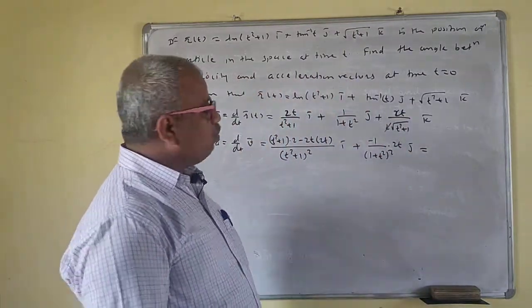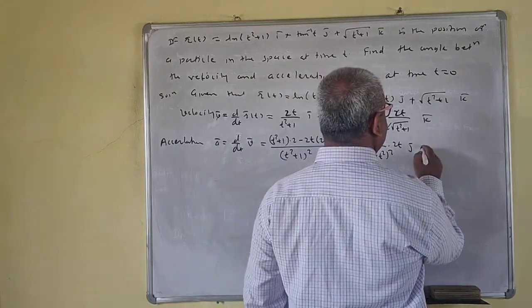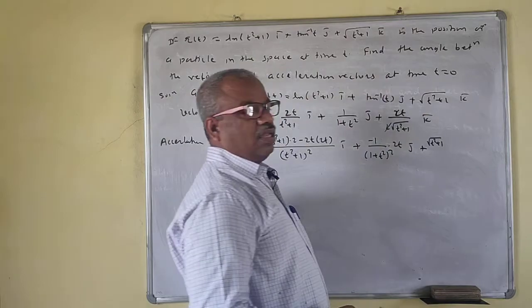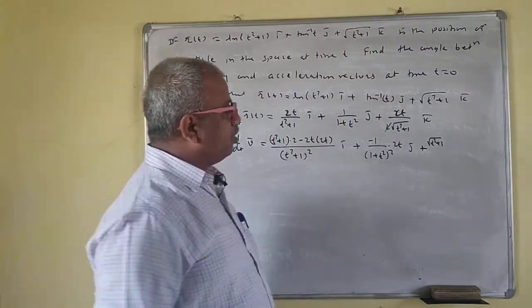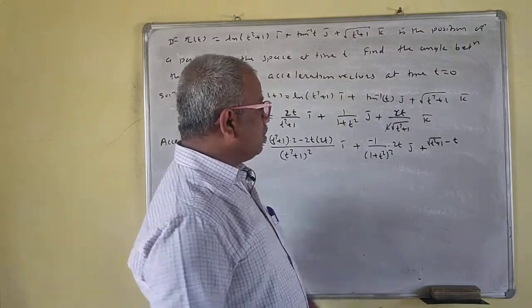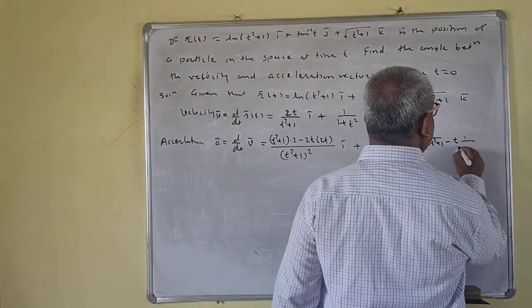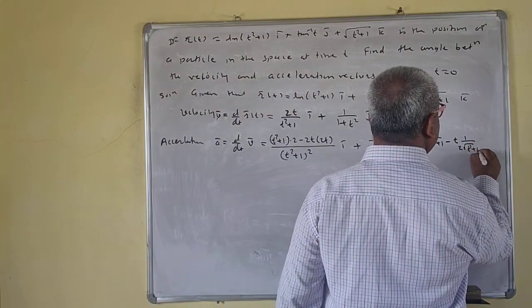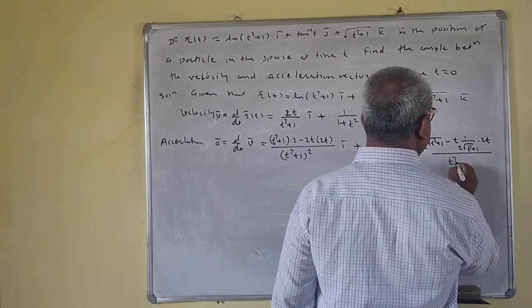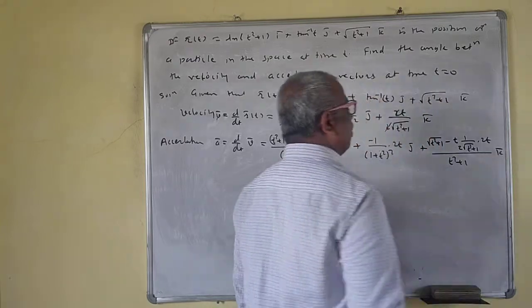Now again I have to apply the u by v rule: plus root of t square plus 1 as it is into the derivative of t which is 1, minus t as it is into the derivative of this, 1 upon 2 root of t square plus 1 into 2t, upon the square of this, t square plus 1, k bar.